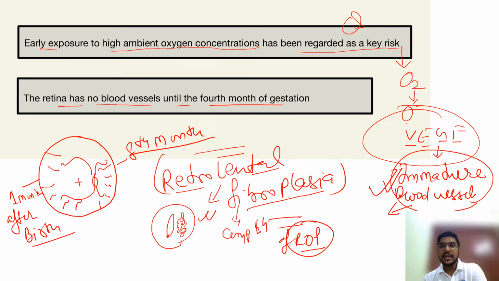In most cases, ROP will not take place, and blood vessel development will proceed as the normal process.